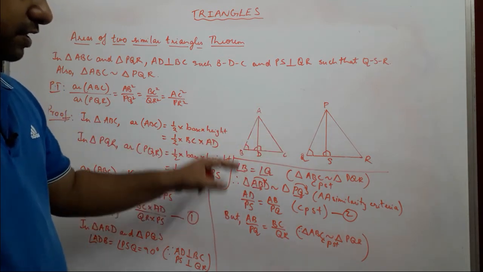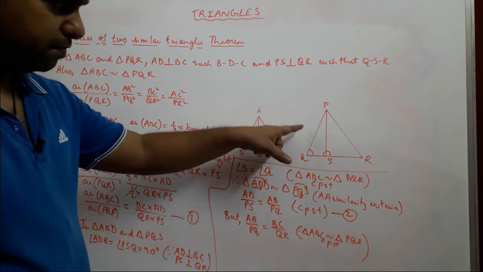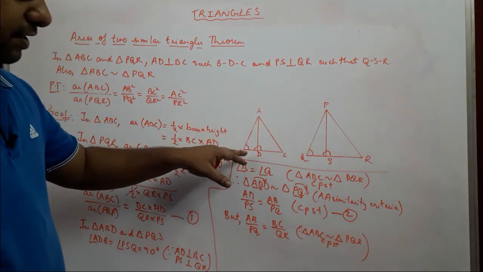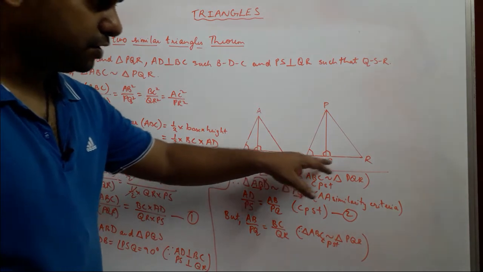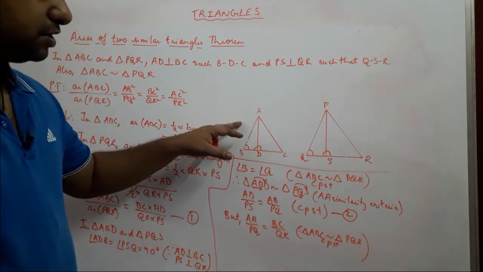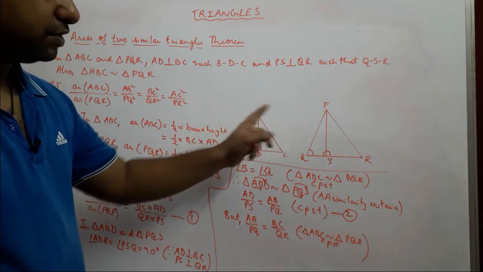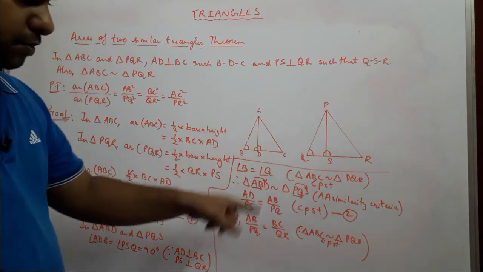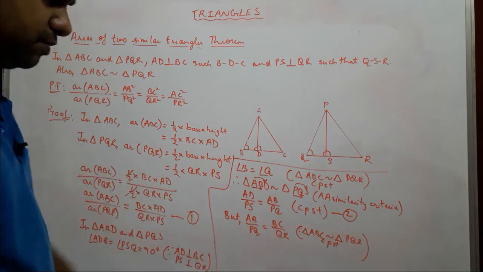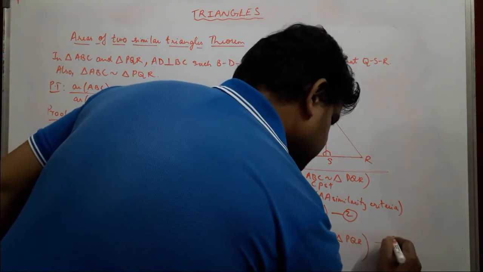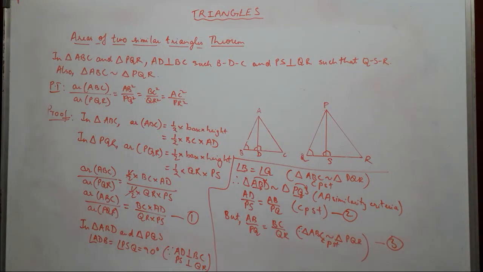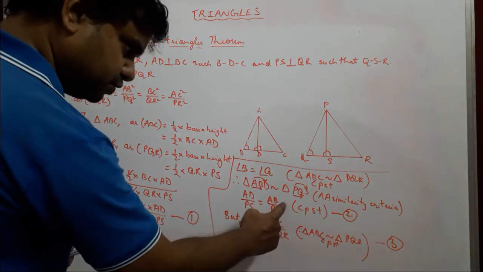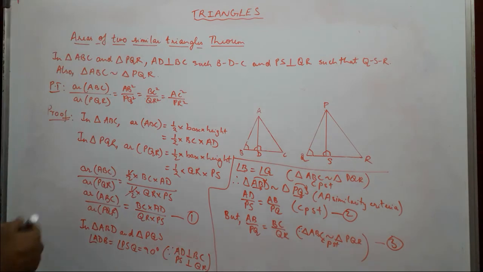So hence AB upon PQ is equal to BC upon QR. These are corresponding sides of the two similar triangles. In their ratios they are equal to each other. So we mark this as 3.